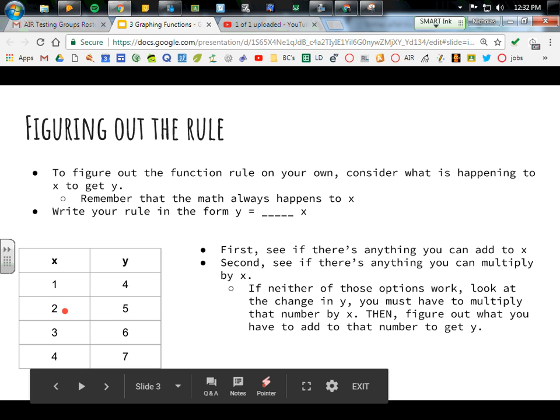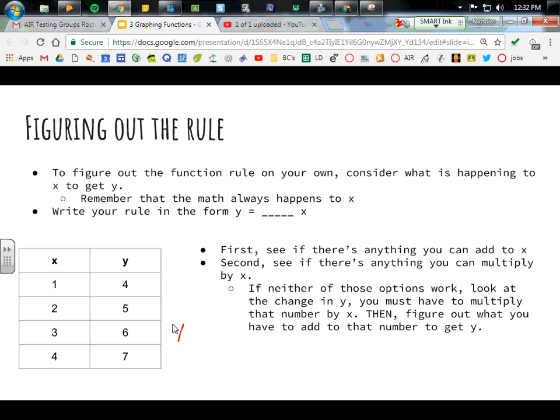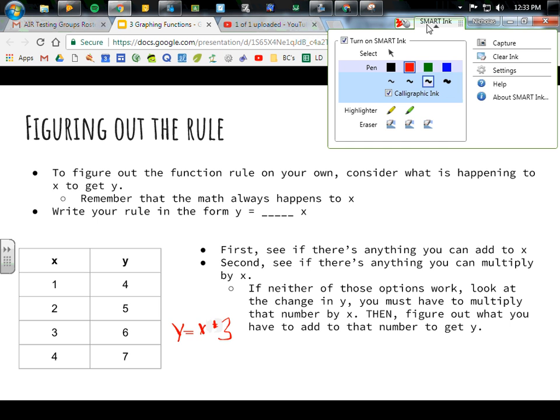Does 2 plus 3 equal 5? Yes. Does 3 plus 3 equal 6? Yes. Does 4 plus 3 equal 7? Yes. So that has to be our function: y equals x plus 3. That's how this function works.